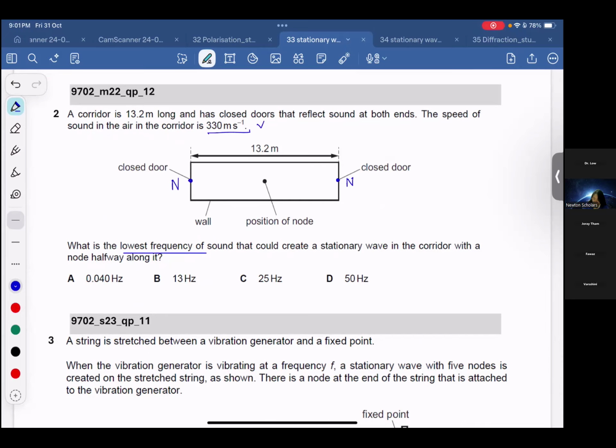They want you to find the frequency to create a stationary wave in the corridor, with a node at each end, so that means it is something like this. Can you try and then tell me your final answer? Good job, correct.